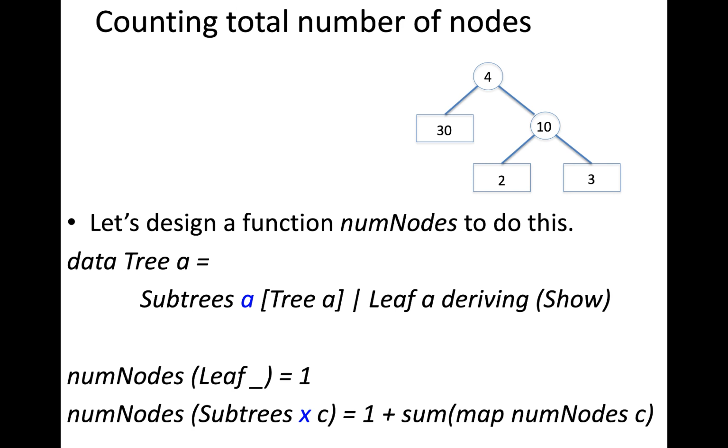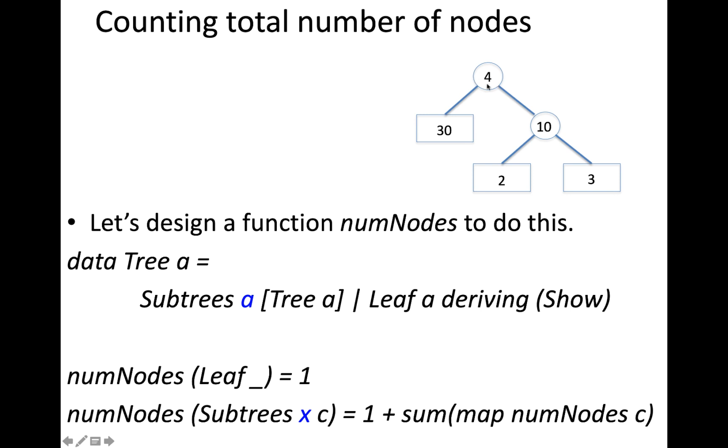Now let's see how we can write the number of nodes function in this newly defined tree. So number of nodes when the tree has only one leaf is just 1. Other cases, when it has bunch of subtrees, then we want to sum those subtrees' number of nodes together and then plus 1 to add what we have in the inner node.